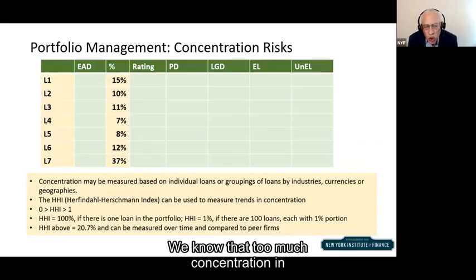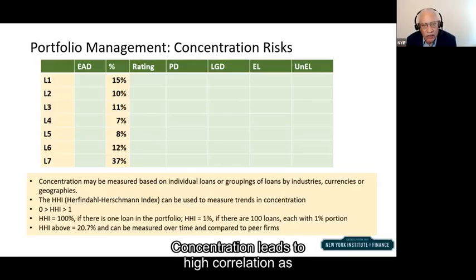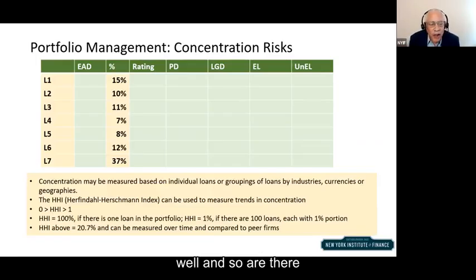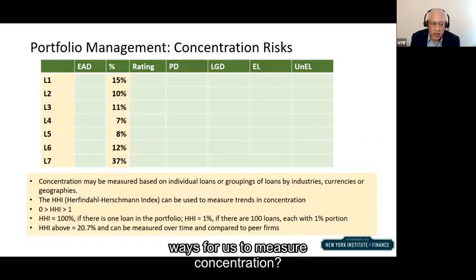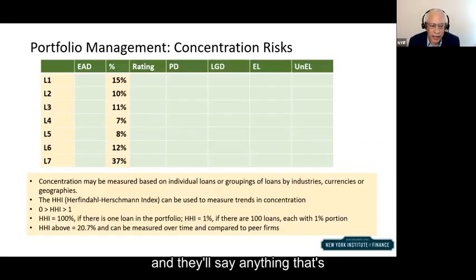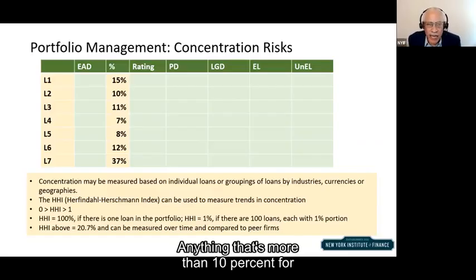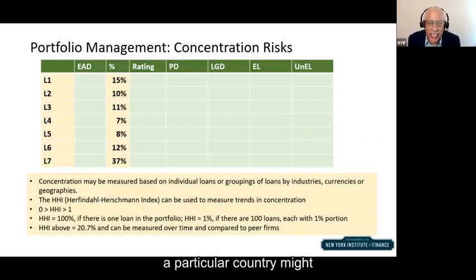We know that too much concentration in a vulnerable industry is not a good thing. Concentration leads to high correlation as well. And so are there ways for us to measure concentration? Many banks will look at this, or many portfolio managers, and they'll say anything that's more than 10% in an industry, anything that's more than 10% for a particular country might be too excessively concentrated.